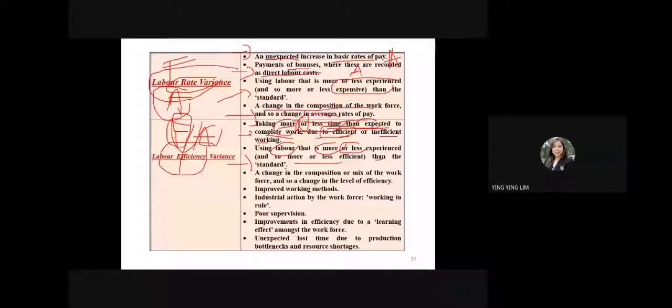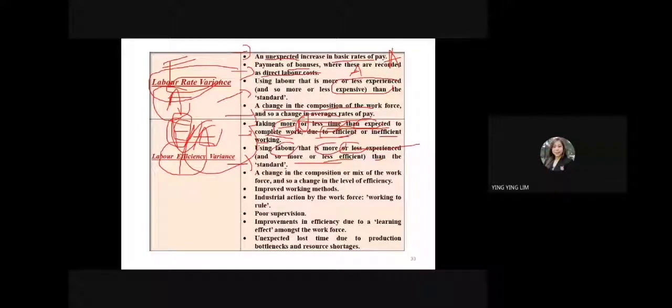If my labor efficiency is favorable, meaning I'm hiring a more experienced worker, they are more efficient to complete the work. Therefore, it results in a favorable labor efficiency variance, and vice versa. Adverse will be a less experienced worker, who is less efficient.